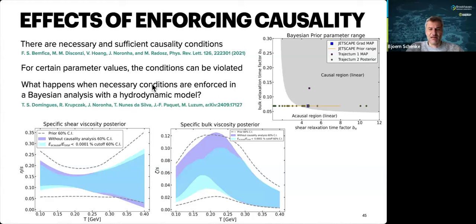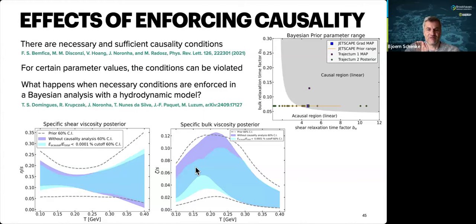Then you get some modification. They claim you get some significant modification of what you extract for the bulk and shear viscosity. I don't see that there's a significant difference given these bands. These bands are 60% confidence level bands in the Bayesian analysis. So your eta over S changes mildly. The bigger change you can see in the bulk viscosity.